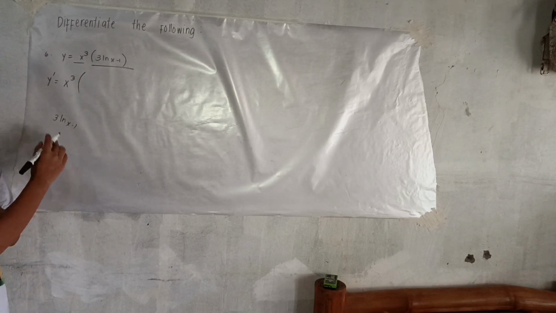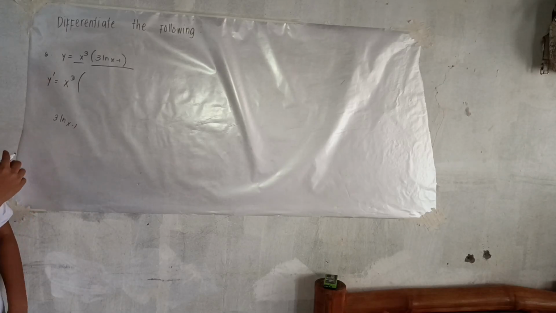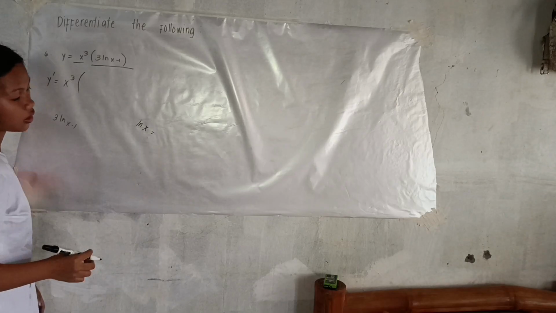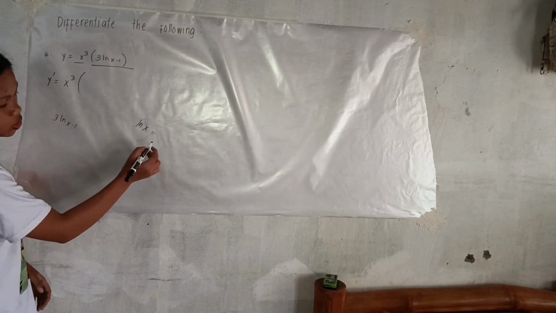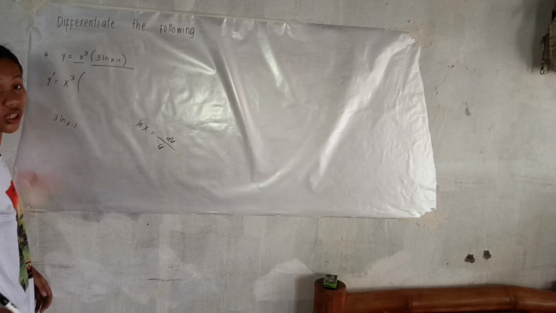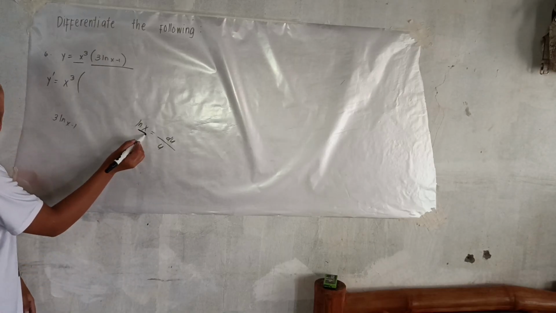To get its derivative, we need to apply the natural logarithm rule. The derivative of the natural logarithm of x is du in the numerator all over copy the u, which is x. To apply that rule, we can separate the negative 1 from the x.